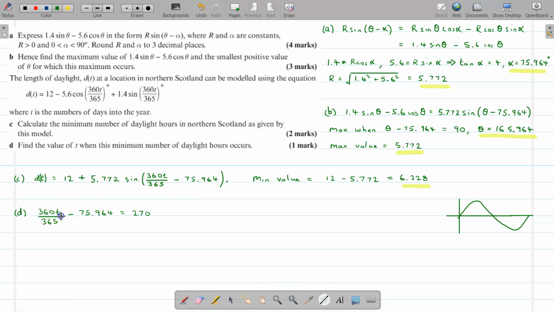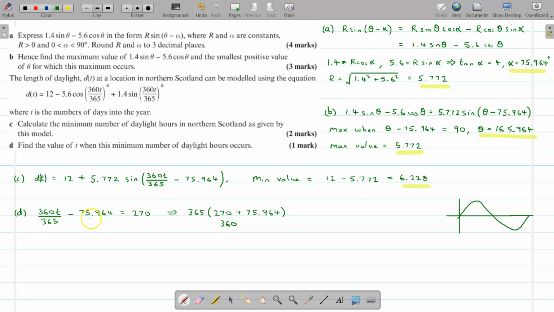And I've just got to solve that to find what t is. So a bit of rearranging. I get quite simply that I have 365 times 270 plus 75.964, and if I divide all that by 360, that will give me t.